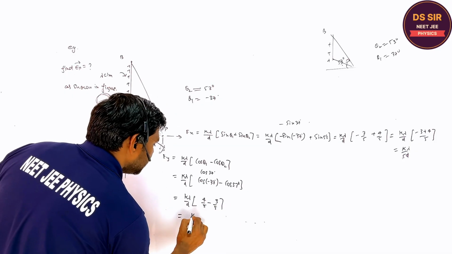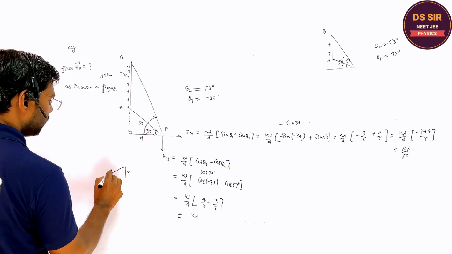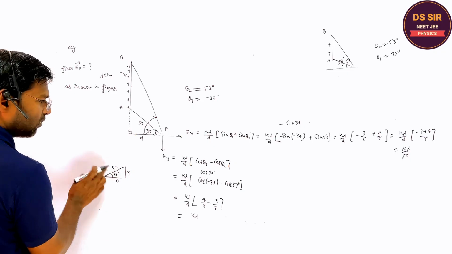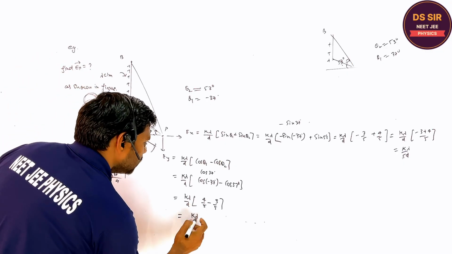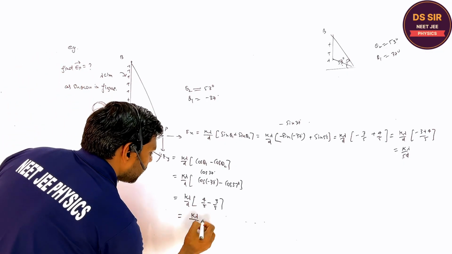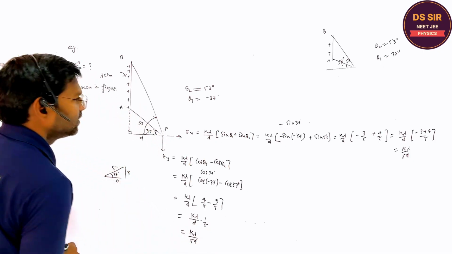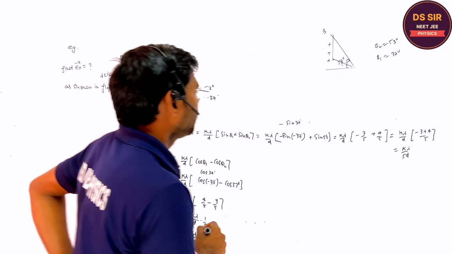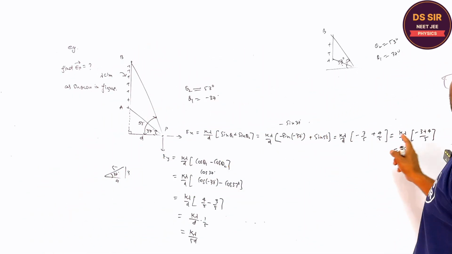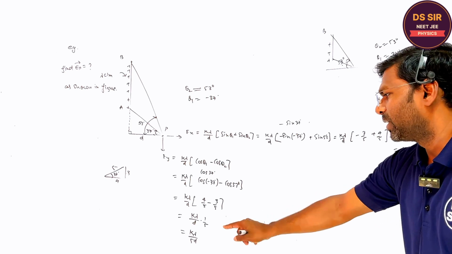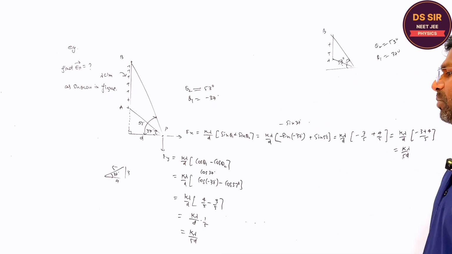So it is k lambda into 4 upon 5 minus 3 upon 5, so this is again k lambda into 1 upon 5, so k lambda upon 5d. Wait for 1 minute. Yes, this is the correct answer. So this is k lambda upon 5d and k lambda upon 5d.